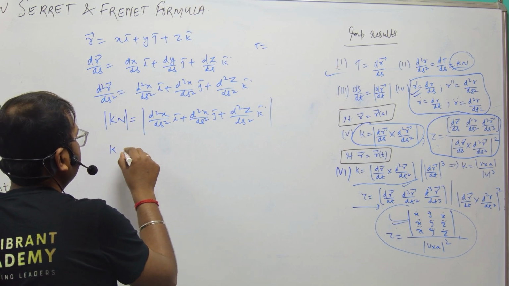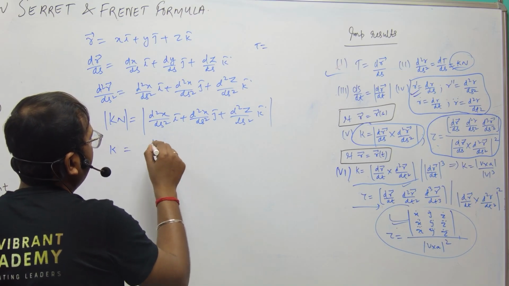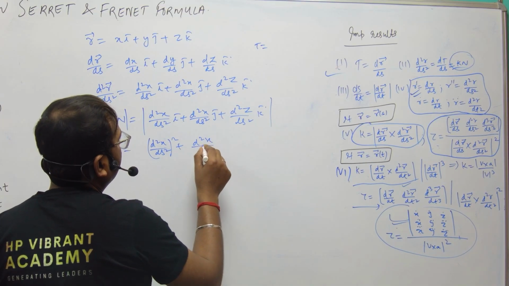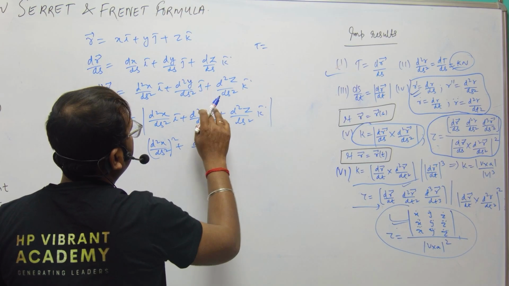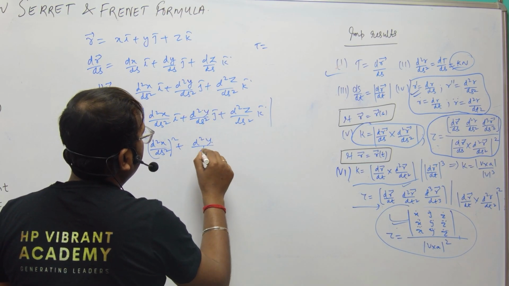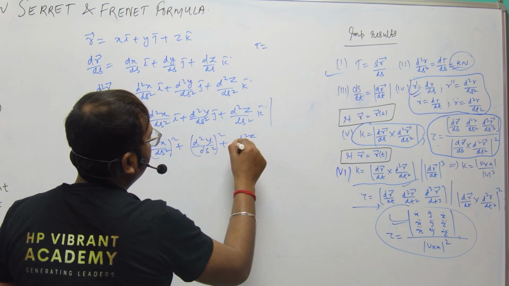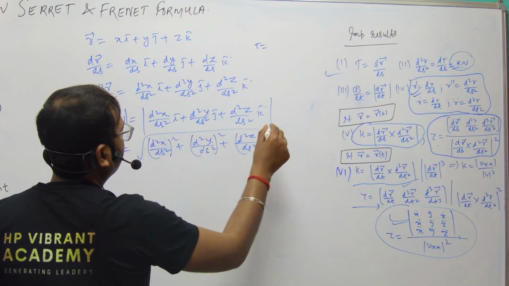So kappa is equal to the square root of (d2x upon ds square) whole square plus (d2y upon ds square) whole square plus (d2z upon ds square) whole square.